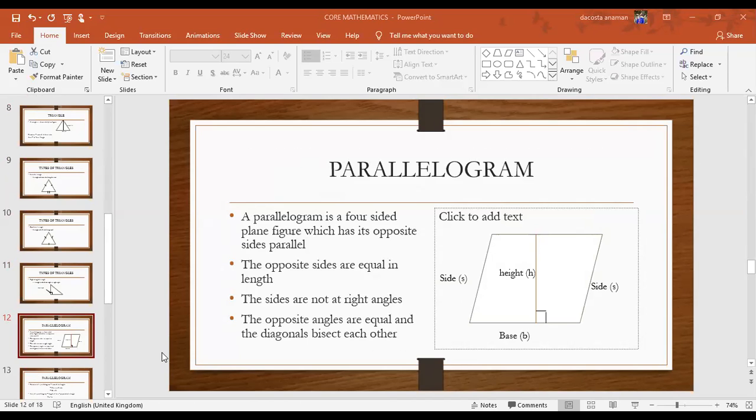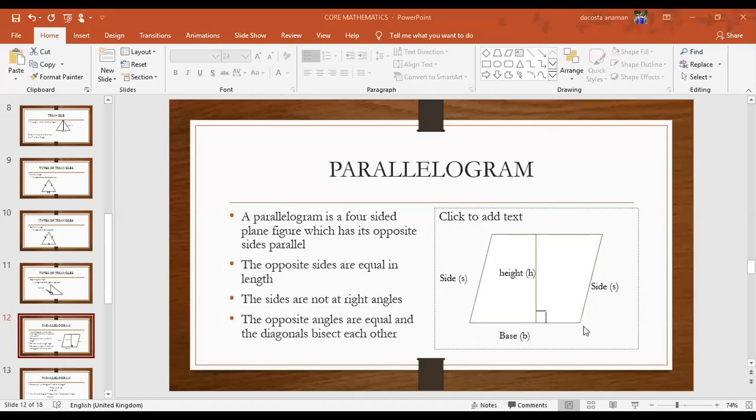Okay, so a parallelogram is a four-sided plane figure which has its opposite sides being parallel. So as you can see from the shape on the right-hand side, this vertical line and this vertical line are parallel.